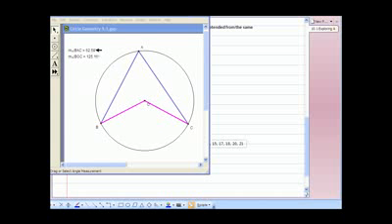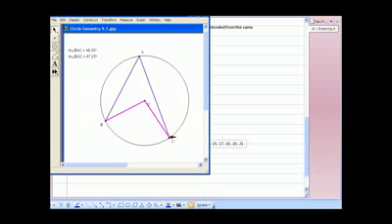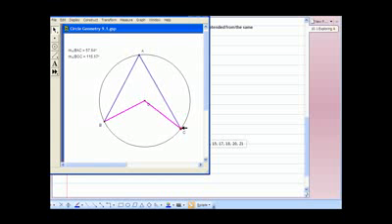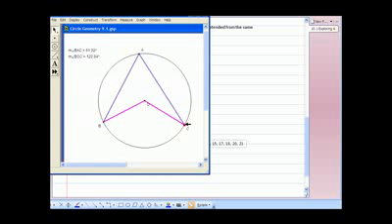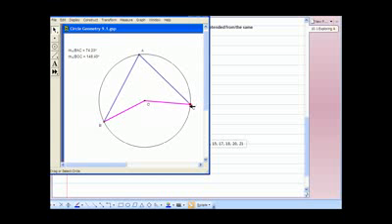And so taking a look here at those two measurements, BAC being our inscribed angle, and notice that it is in fact half the measure of the central angle BOC. And so once again, if I was to take one of these points and move it, pay attention to the measurements of those angles, and note that that central angle is always going to be double that of the inscribed angle.